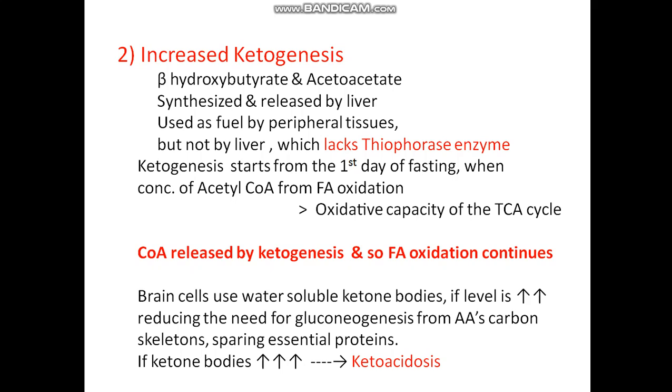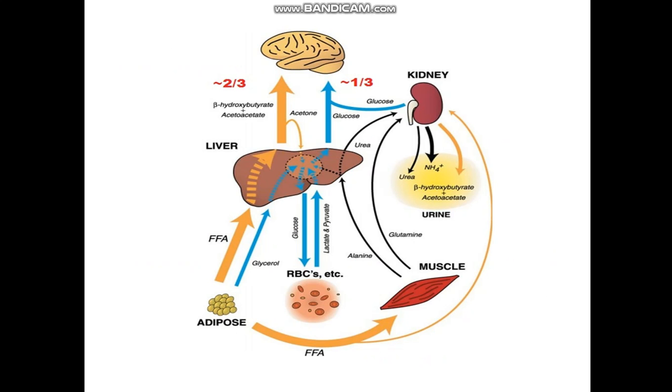The brain cells use ketone bodies if the level of ketone bodies is high in concentration, and the need for gluconeogenesis from amino acid carbon skeletons is spared because the proteins are utilized for other vital functions. If ketone bodies are high, then it leads to ketoacidosis.